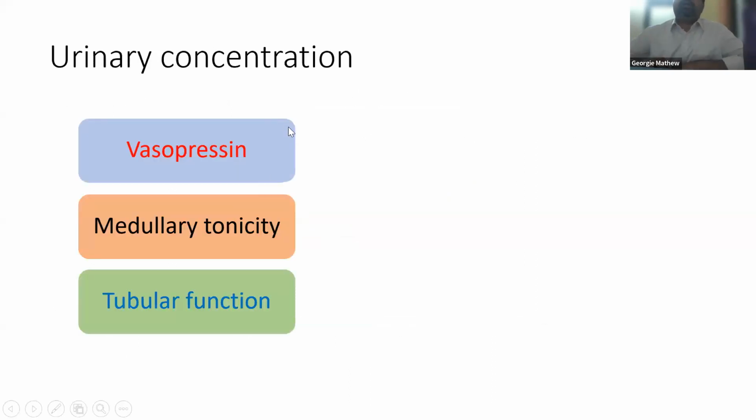Urinary concentration principally depends on three factors. The first is vasopressin: whether vasopressin is present or absent. That is vasopressin deficiency, or vasopressin is present but unable to act at its final site, the receptor, or even past the receptor area.